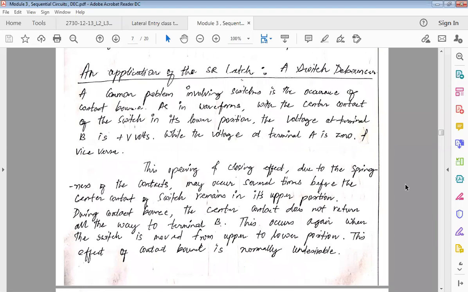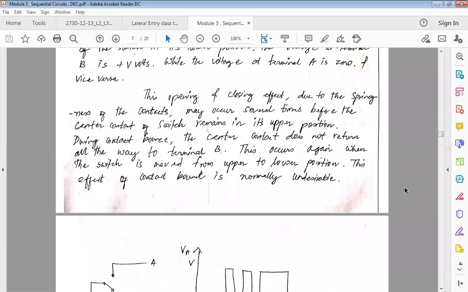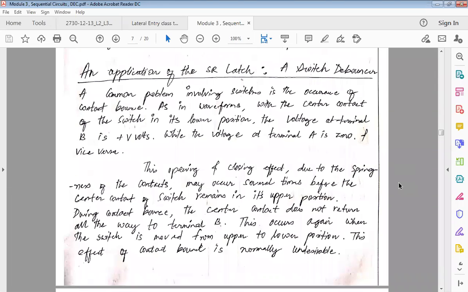Whenever there is a contact, instantaneously a voltage gets applied, and because of which you find a small spark. Fine. So let us look into it in detail today, and try to understand how this switch debouncer works. This is one of the applications of the SR latch.